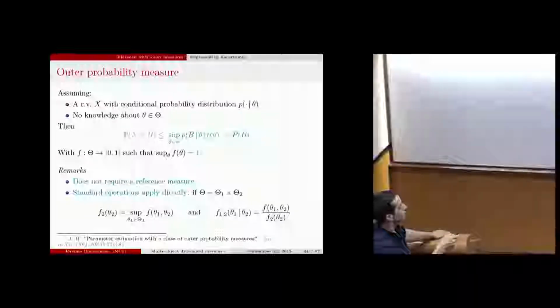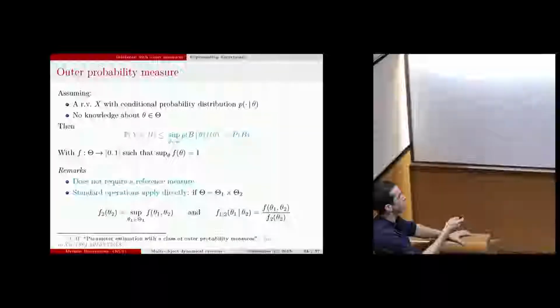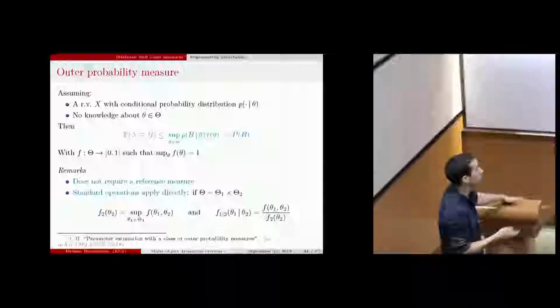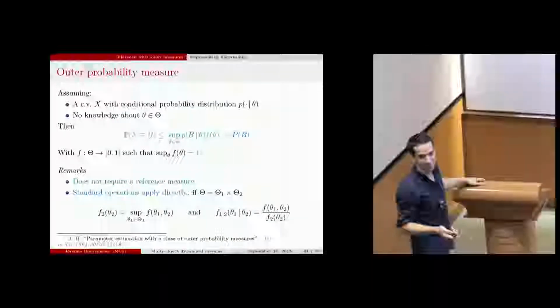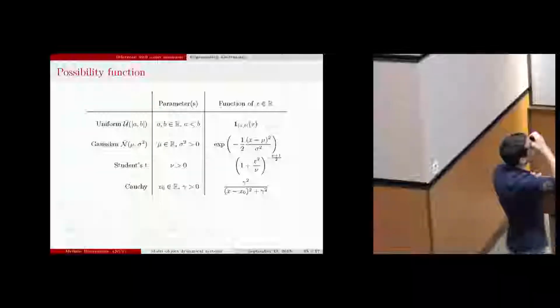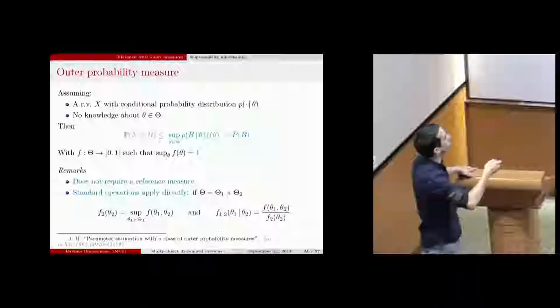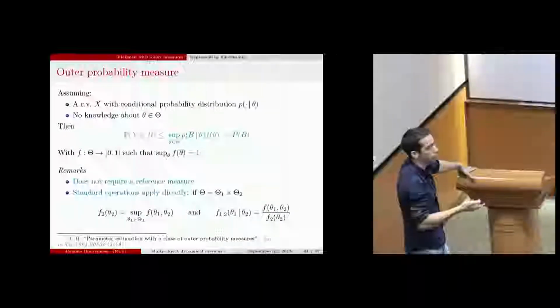But then we just focus on this and we say, what if we basically try to do inference with this rather than with probabilities? You say, well, it's a funny idea, but let's check. Why not? There are some nice consequences: here you don't need a reference measure.